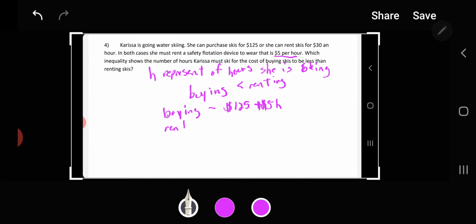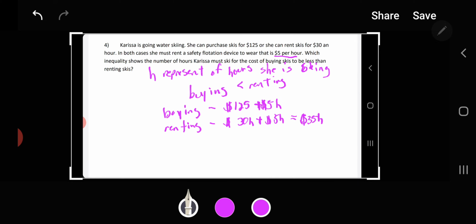Renting the skis would cost her $30 per hour. So we're going to say H, H representing per hour. Plus the $5 per hour renting the flotation device. Well, if you combine like terms, 30H plus 5H, you get a total of 35H or $35 per hour.